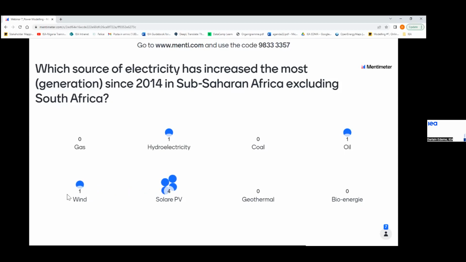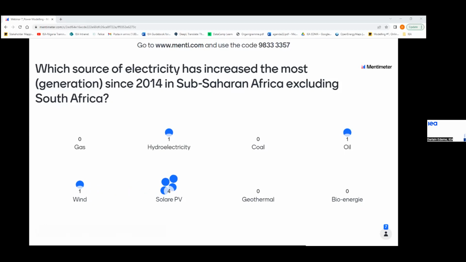So the increase was higher in percentage terms, because the starting value was also very low.